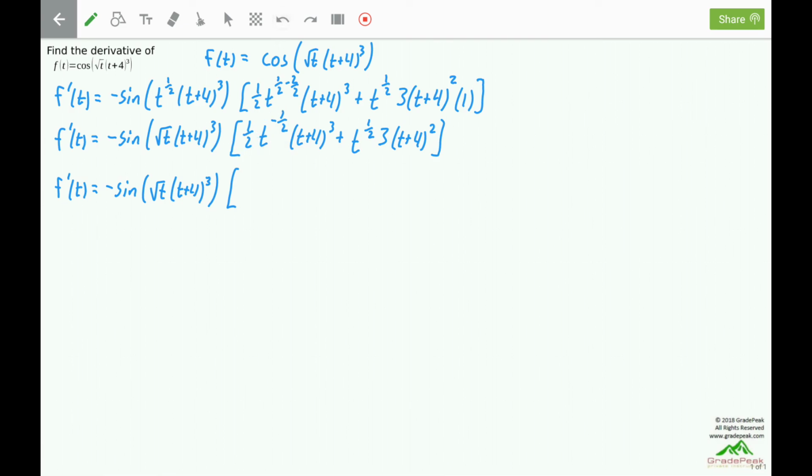Those will stay in the numerator. 1 times (t plus 4) cubed will just be (t plus 4) cubed. And down in the denominator we will have 2t to the 1/2. The second term I'm going to put the 3 first, and it'll be t to the 1/2, and then (t plus 4) squared.